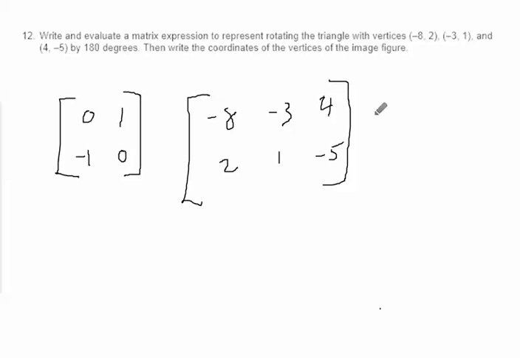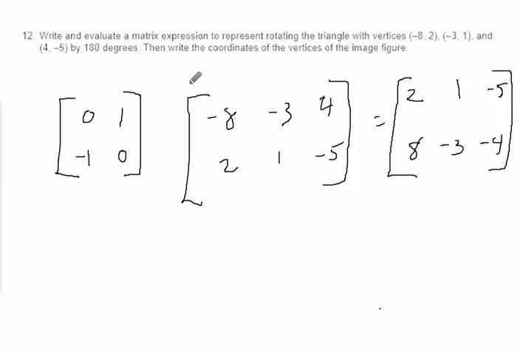So when I multiply this, I'm going to get a +8 and a 2 there. And when I multiply this one, I'm going to get a 1 and a -3. And when I multiply that one, I'm going to get a -5 and a -4. And that would rotate it 90 degrees.